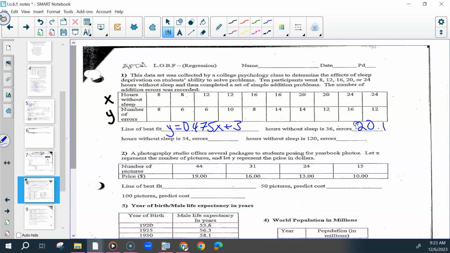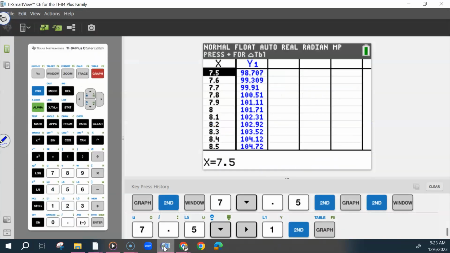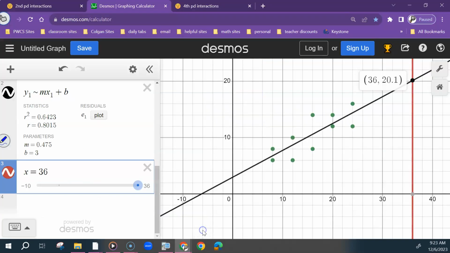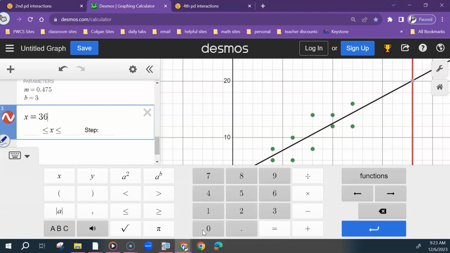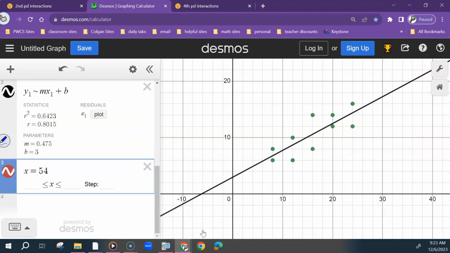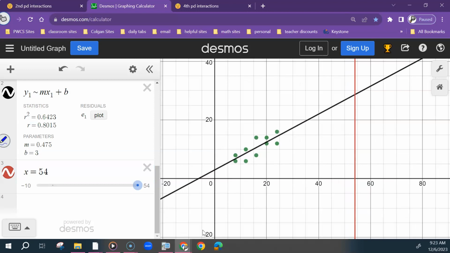Same thing for the next 2 questions. So change 36 to 54. You may have to zoom out a little bit. What would the y value be there? Click on it. Find where they intersect.